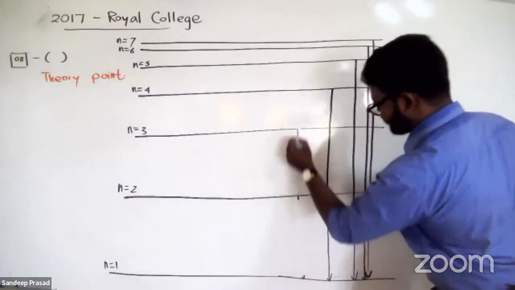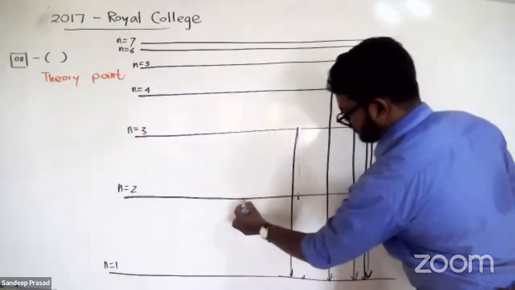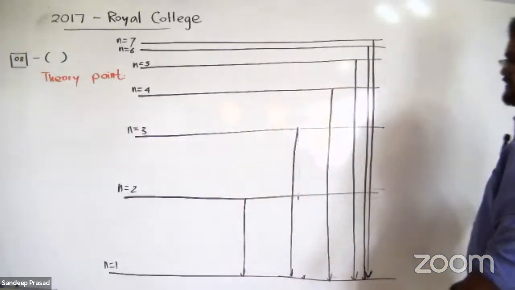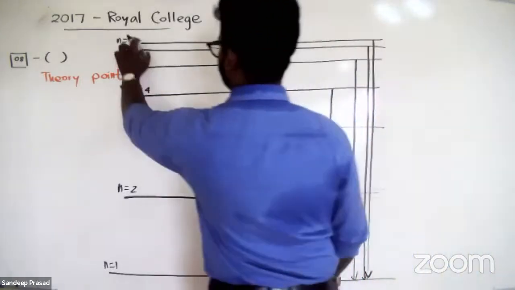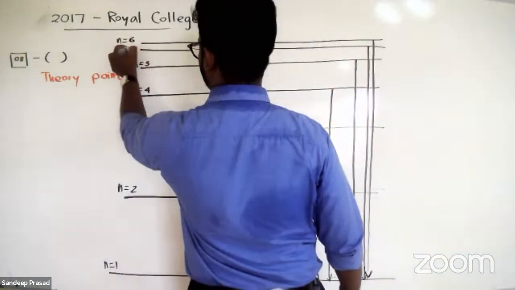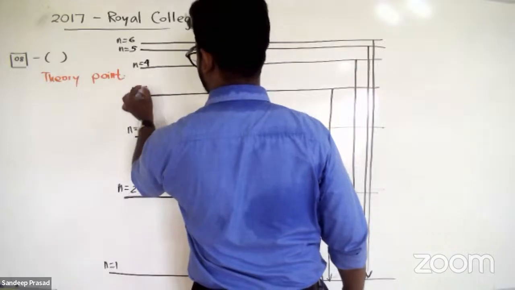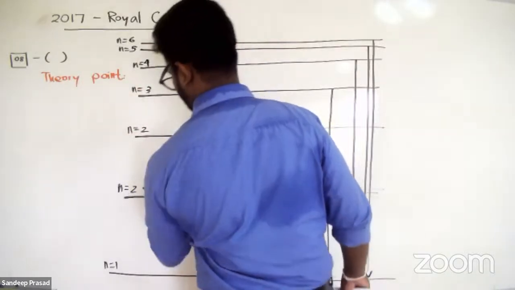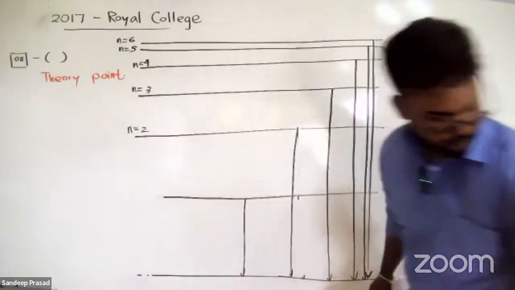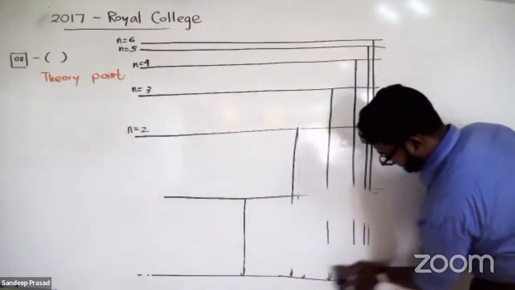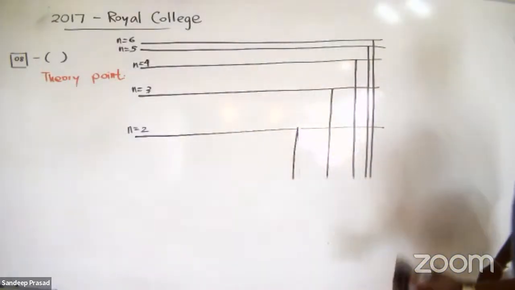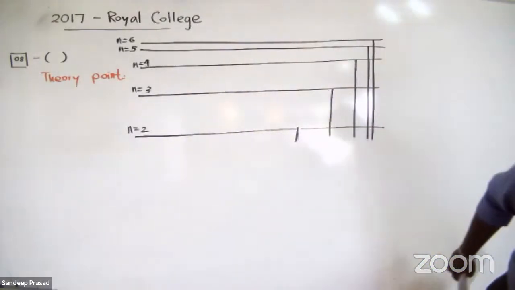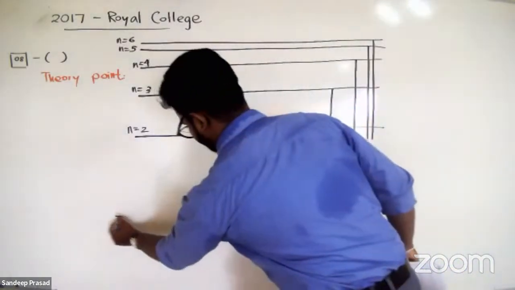So we don't have to go for 1 to 7; 6 energy levels are enough. Then we can draw the diagram next.